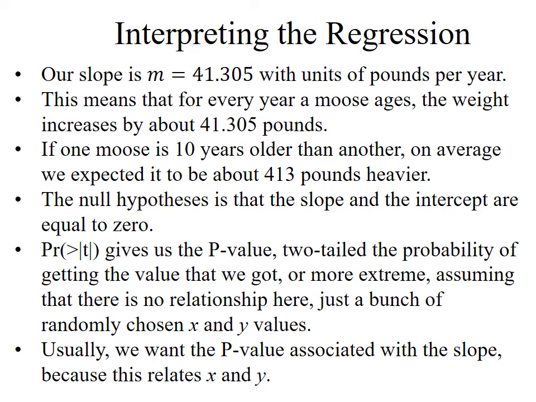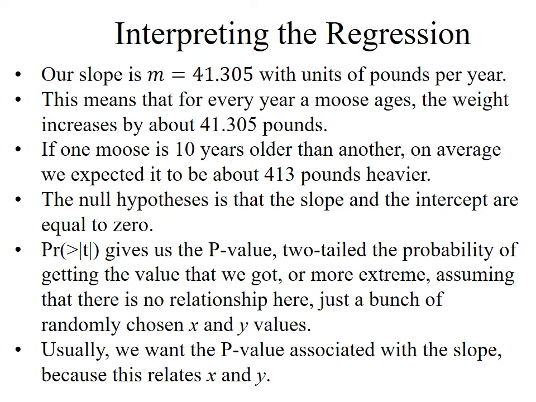So these are both two-tailed probabilities. They're the probability of getting the value we got or something more extreme, assuming that there's no relationship here. That's the null hypothesis. The x and the y are uncorrelated with each other. And so usually what we want is the p-value associated with the slope, because I want to know, do we have clear evidence that the weight of a moose and its age are related to each other?